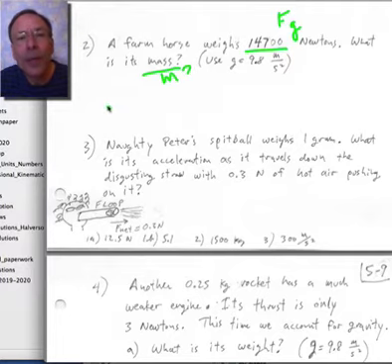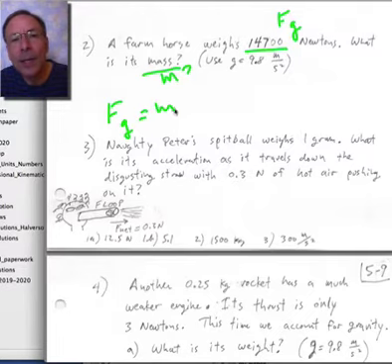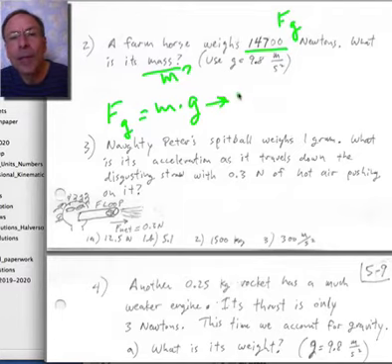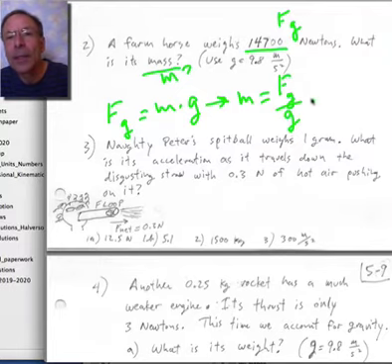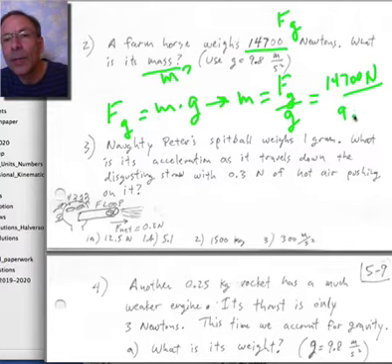All right, so we've got F sub G, the weight, is equal to the mass of the object, in this case the horse, times G. We're going to solve for the mass, and so we get mass equals F sub G over G. And so we're going to put in here 14700 newtons over 9.8 newtons per kilogram.